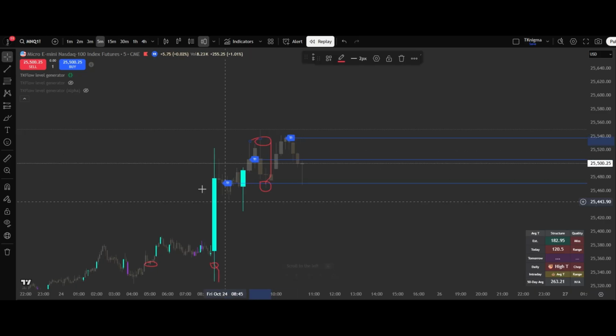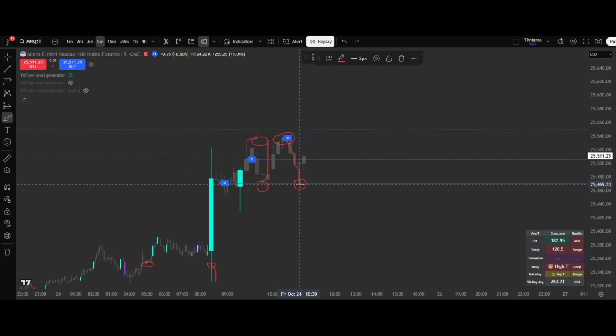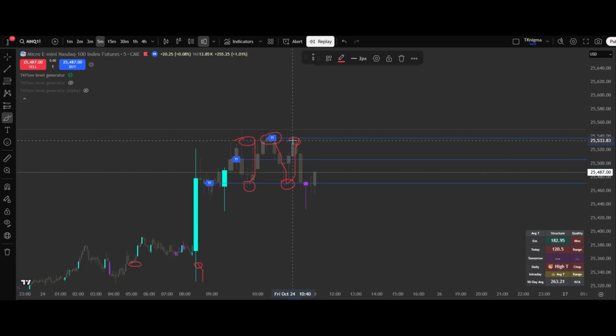And then here's a good example of a sell signal basically, and it comes directly back to T, and then it'll come back up to T, and then from here, right back down. We failed to really break through, and you see absorption here.